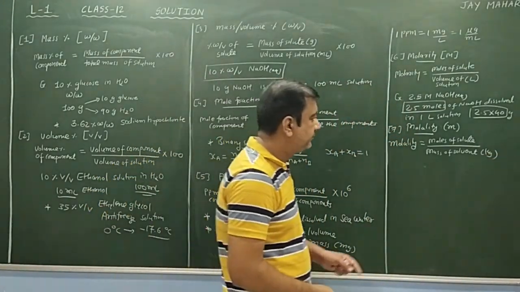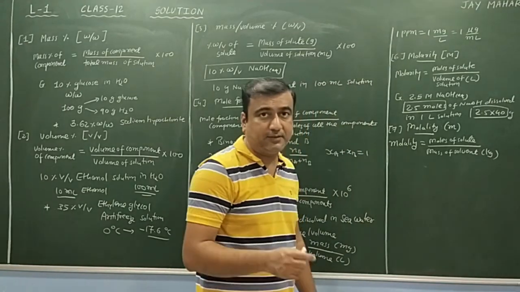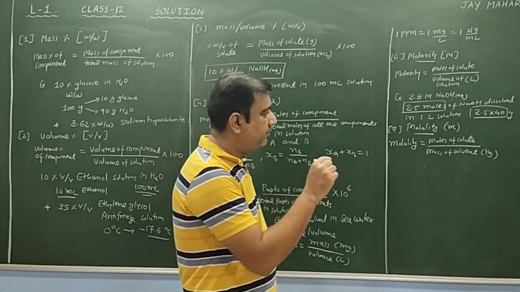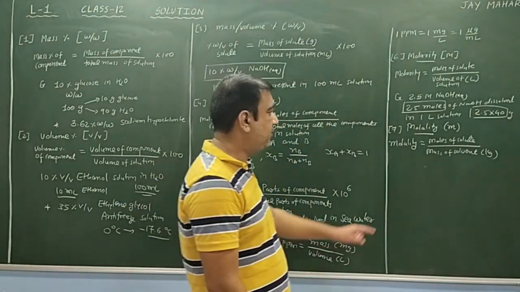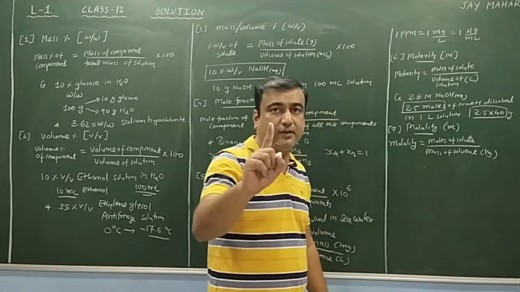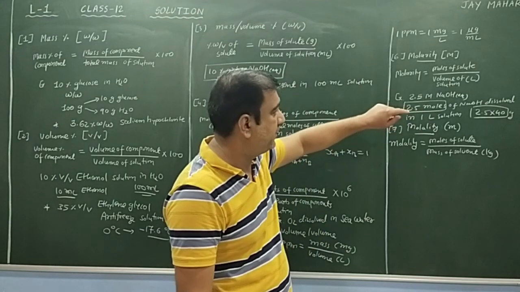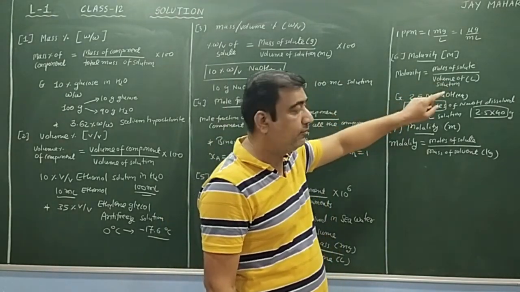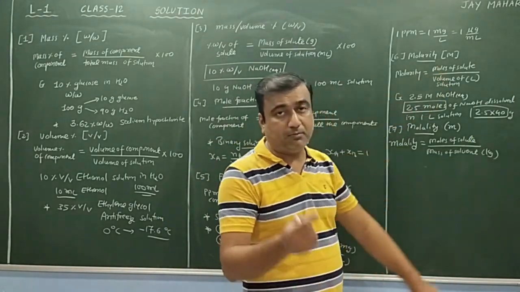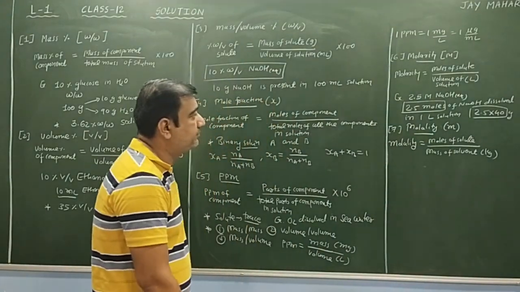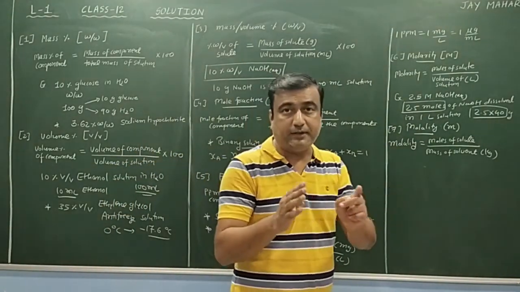That means the definition of molality is the number of moles of solute dissolved in 1 kg of solvent. The definition of molarity is similar, but here the volume basis is there. That means the number of moles of solute dissolved in 1 liter of solution.